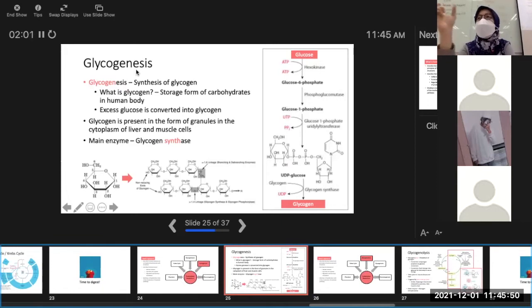If lysis means to break down, what does genesis mean? Generate or synthesis. So glycogenesis means synthesis of glycogen. If you remember, glycogen is the storage form of carbohydrate. So whenever there's excess glucose, our body will store it in the form of glycogen.